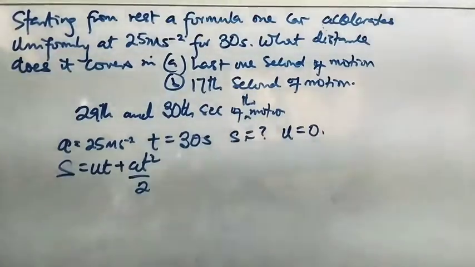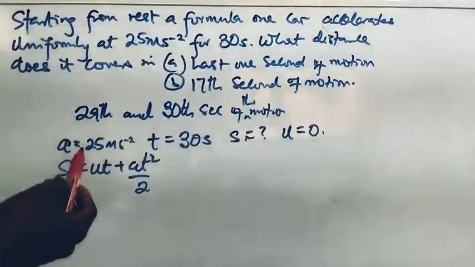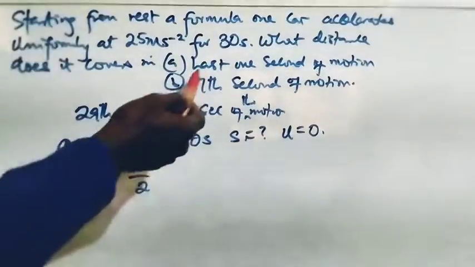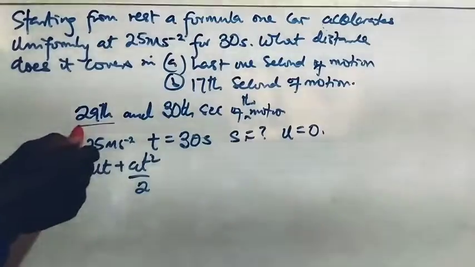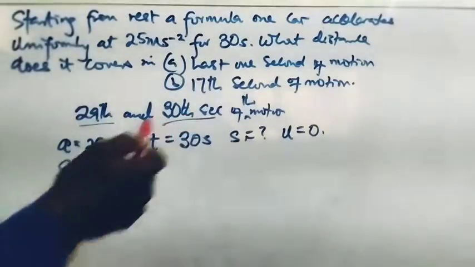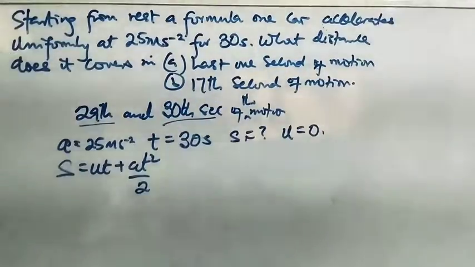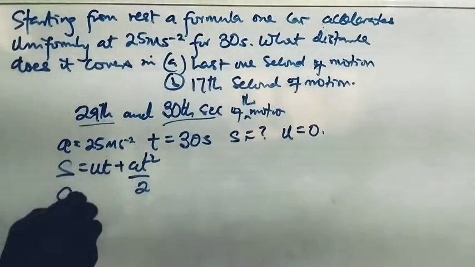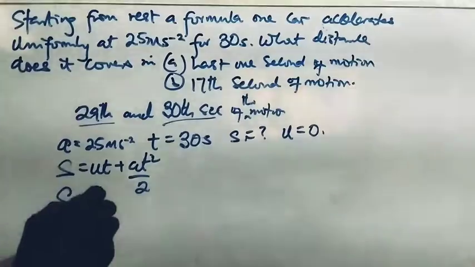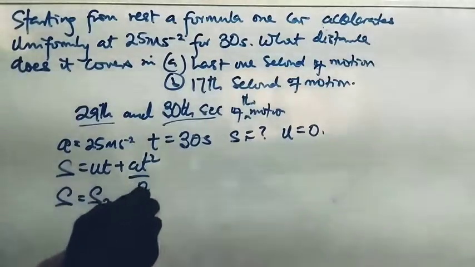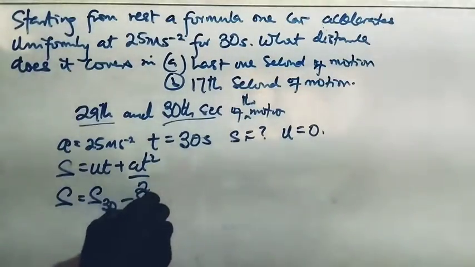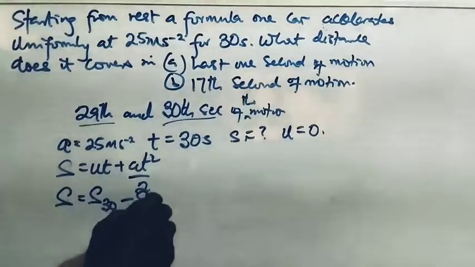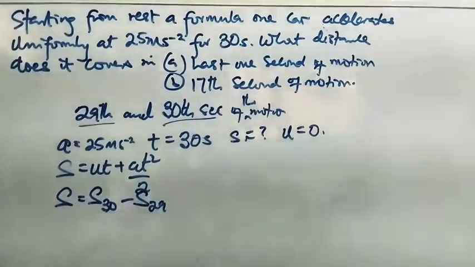With this equation, take note that the distance here is between the 29th and the 30th second. So our distance will be the distance at the 30th second minus the distance at the 29th second.